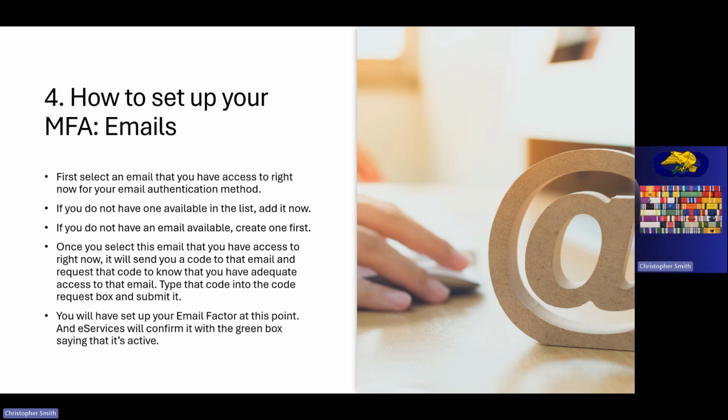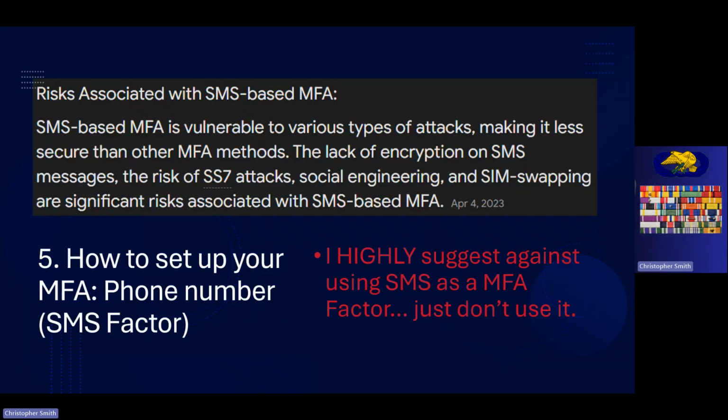So, going on to the next section, how to set up your phone number. I recommend not doing it, period. Just don't do it. If it's checked, if it's authenticated and using, uncheck. Why? Hackers can easily SIM swap for your phone number, spoof your phone number, and get that code to your account.